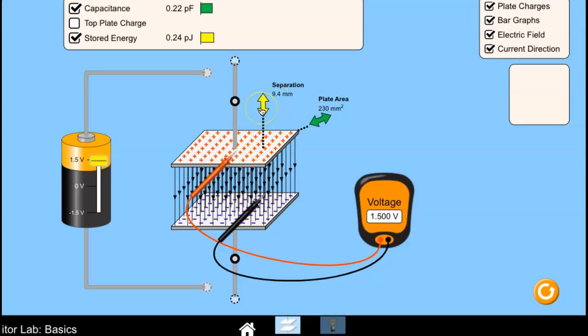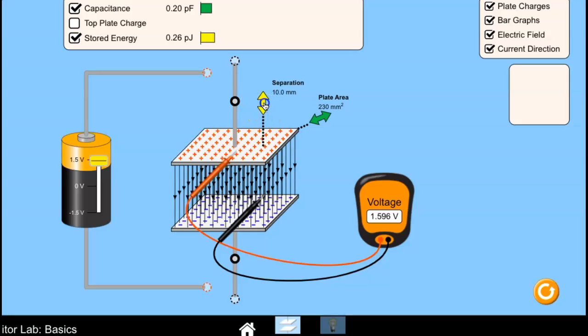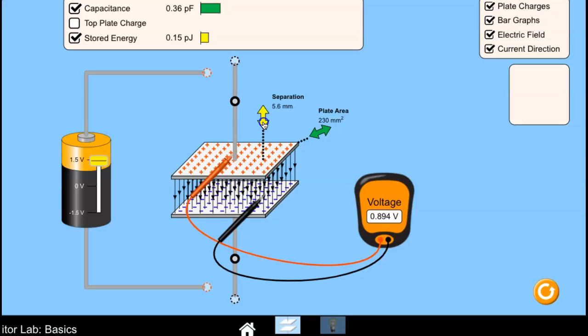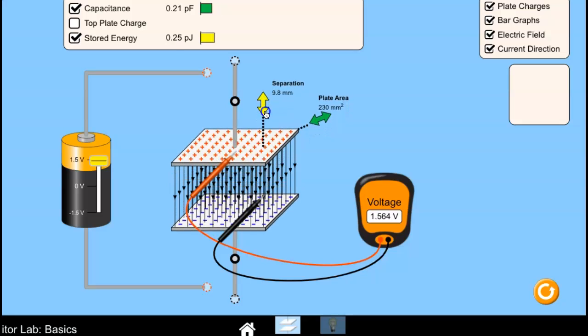But keep in mind now, if I start changing the capacitor around, the amount of charge on this plate and on this plate, being disconnected from the circuit, has nowhere to go. So if I start changing any of the dimensions here, you'll see that I'm changing the capacitance, I'm changing the stored energy, but I'm not changing the charge. Look at those pluses and minuses on that thing.